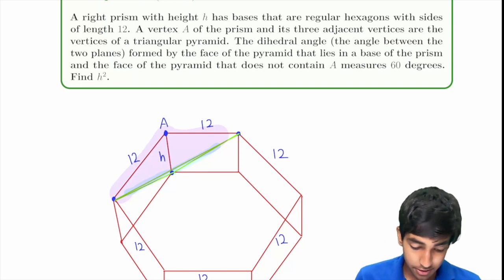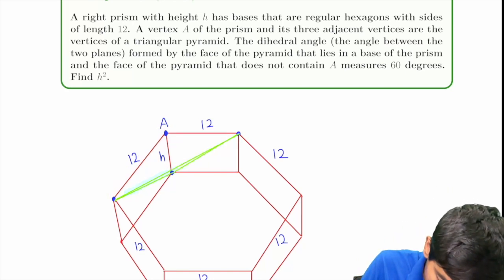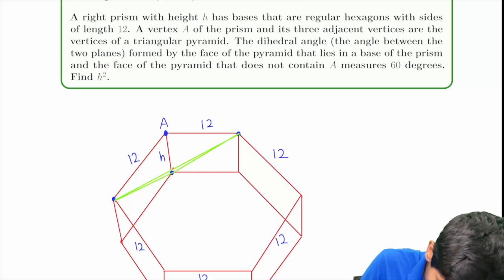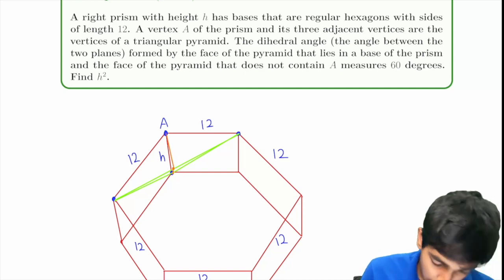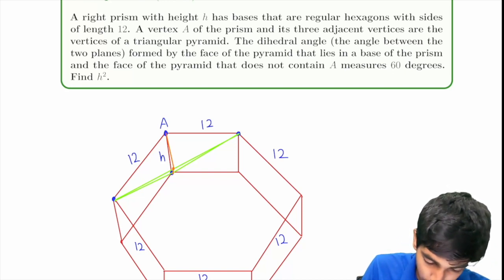So what does it mean by dihedral angle? All that means is we take the midpoint over here of this side and we connect that there. That's going to form a 60-degree angle. And let's really see what that is saying.